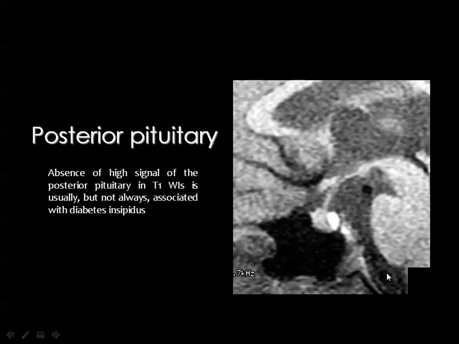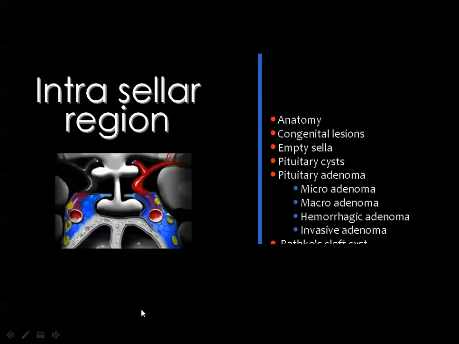This is the normal appearance of the pituitary gland. The posterior pituitary is brighter than the anterior pituitary in the sagittal T1 weighted images before injection of contrast. Then, as I have mentioned, we will deal with the pituitary, the sellar imaging from 3 anatomic regions.